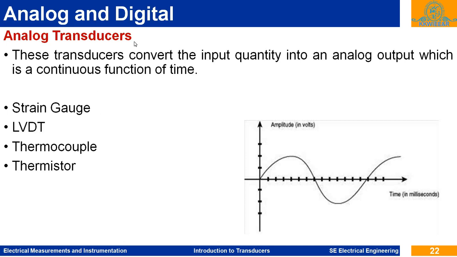Next is analog and digital. Analog transducers convert the input quantity into an analog output, which is a continuous function of time. So with respect to time, at every fraction of a second, or at every microsecond or nanosecond, we get the change in the physical quantity, and it is a continuous output.